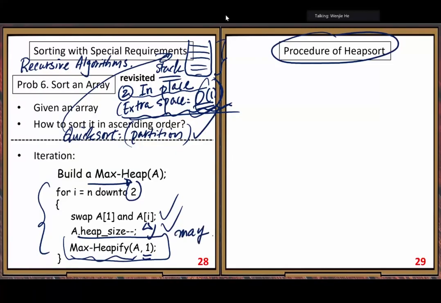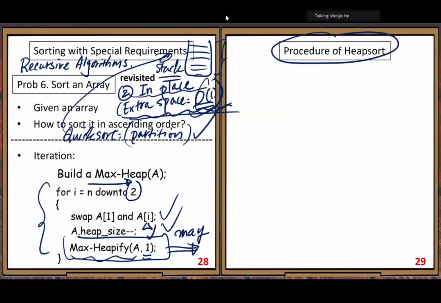If you look at our previous version, it may contain recursion, but if it relies on recursion, you may need to replace it by iteration. Because for max heapify you do not have to use recursion. It is pretty easy.